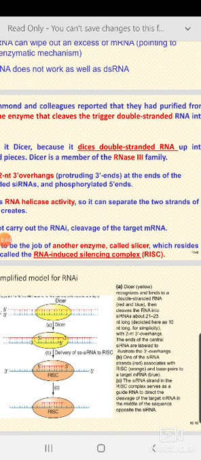Once the siRNA are ready, the two strands can be separated because of the helicase activity. Now I need another enzyme which will take the guide strand, that means the strand complementary to the target mRNA, and will go and bind and start degradation of the mRNA. That's the goal of this entire process. That enzyme we call Slicer. It's a part of the RNA-induced silencing complex.